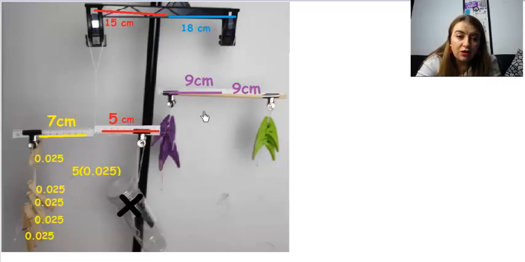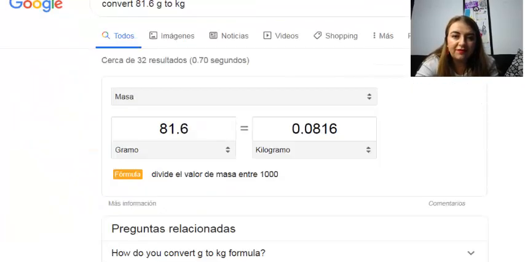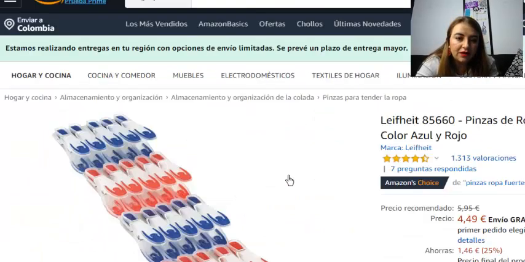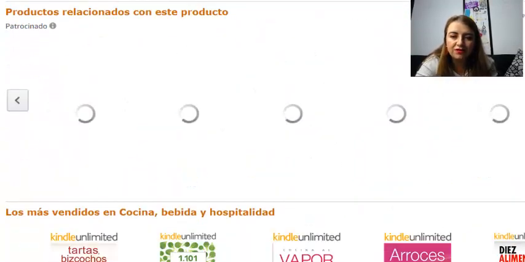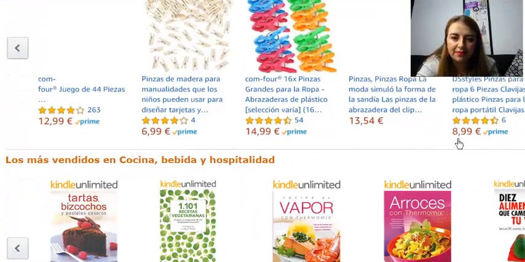If I go all the way to this part, guys, here I need to find this one too. So I'm going to check online for the value of the hanger. I have too many clips, so I try to find one that looks more like mine.